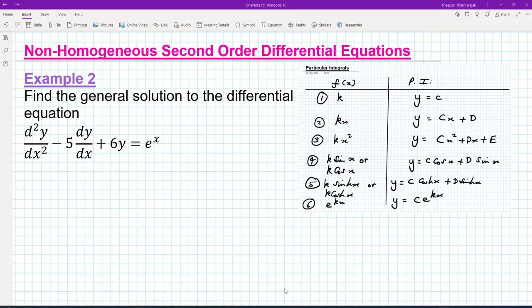In this video, we're going to look at the next type of non-homogeneous second order differential equation where f(x) is equal to e to the x, or e to the power kx.